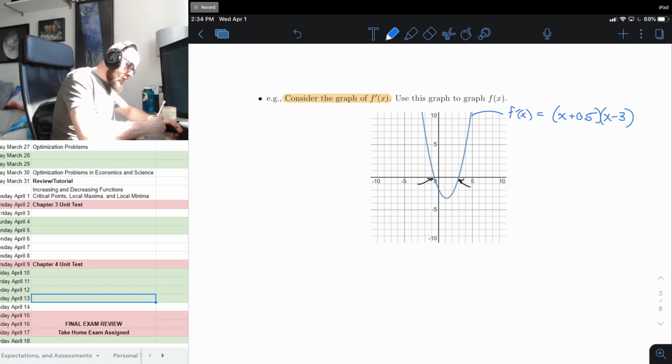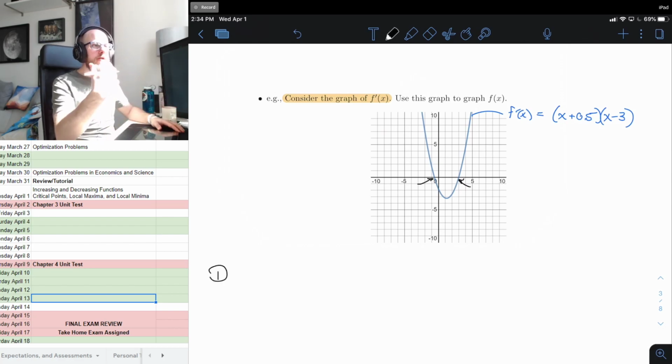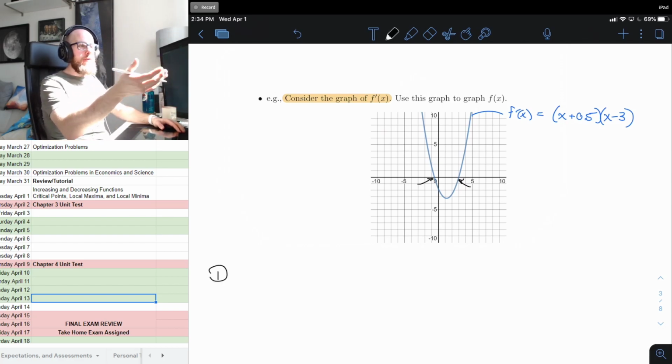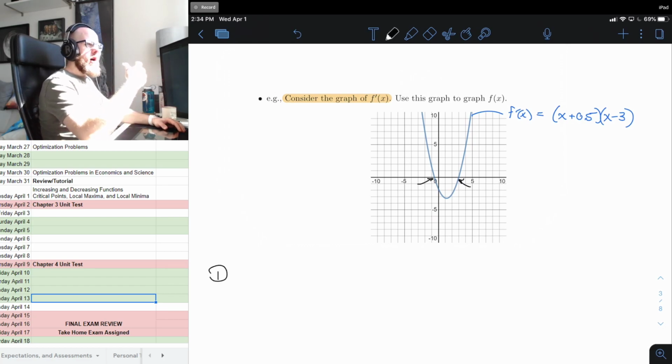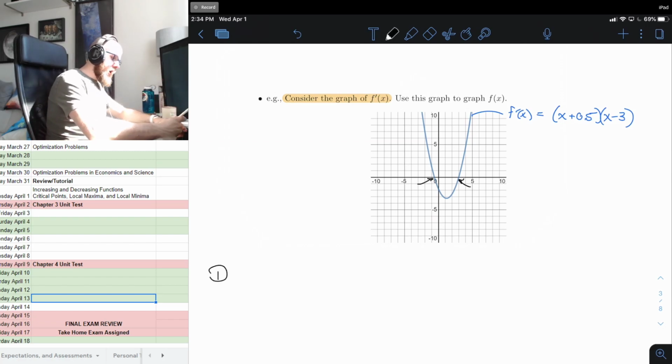So the first thing we need to do is take inventory. We need to ask where the derivative is equal to 0, and figure out where the derivative is positive and where it is negative.